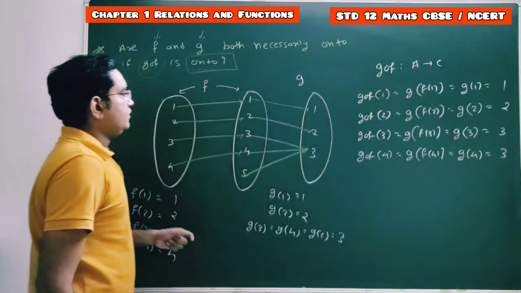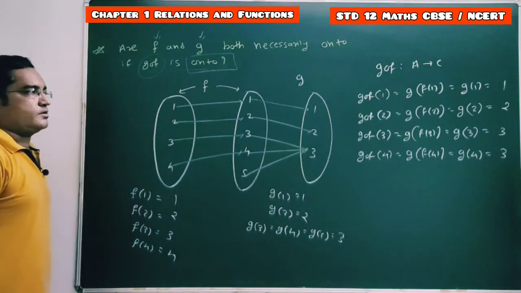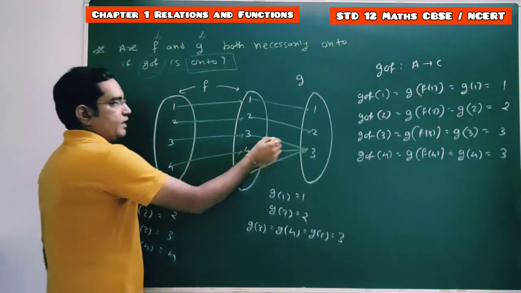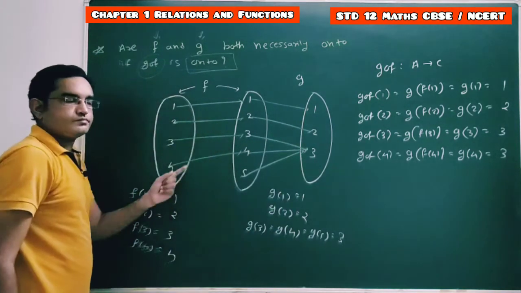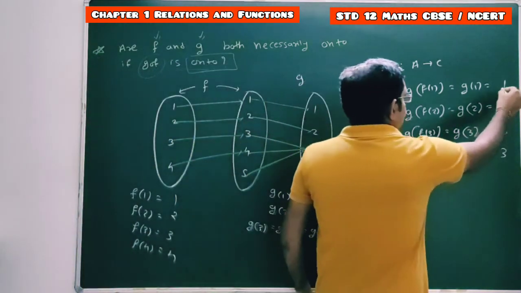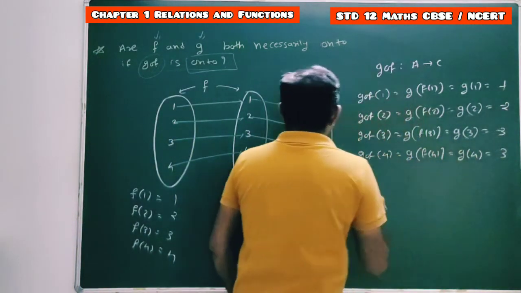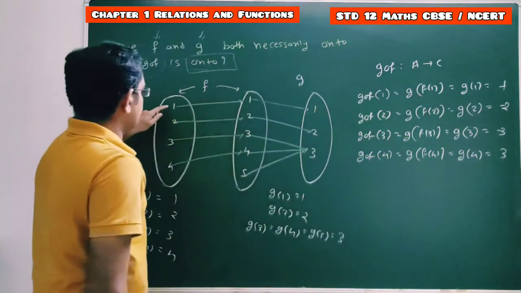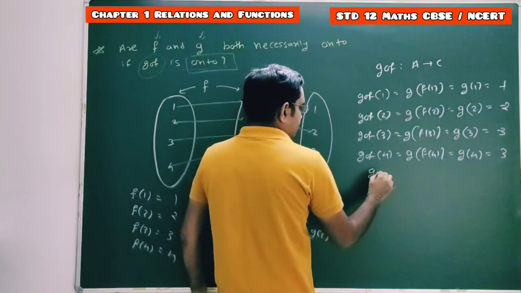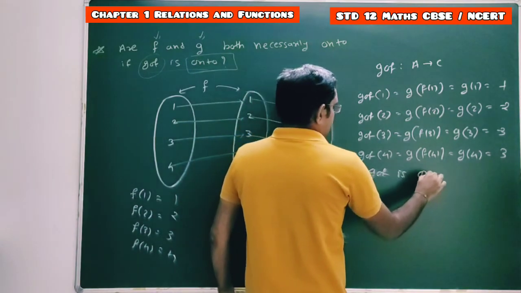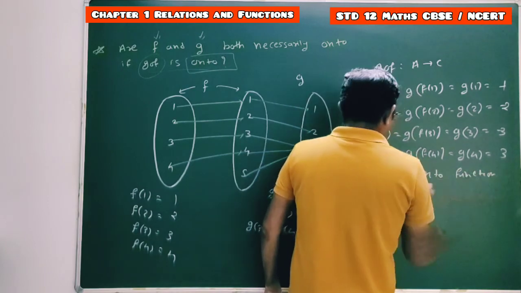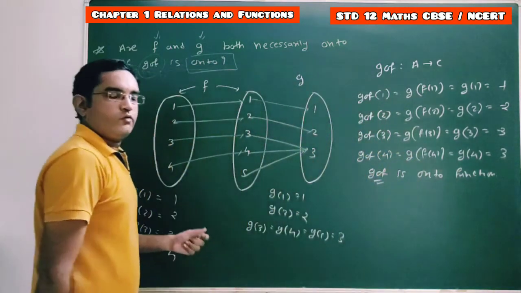Done. So that is our composite function gof. So for each and every element in the domain we are getting some image in the codomain. Hence all the elements in the codomain 1, 2, 3 have a pre-image in this domain, and therefore we can say gof is an onto function.